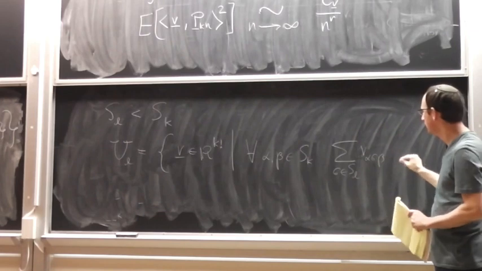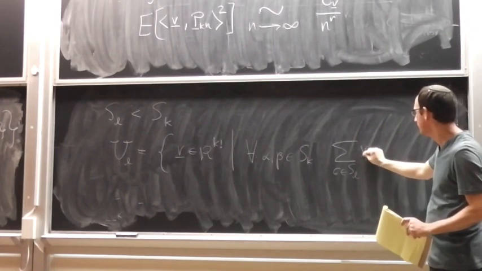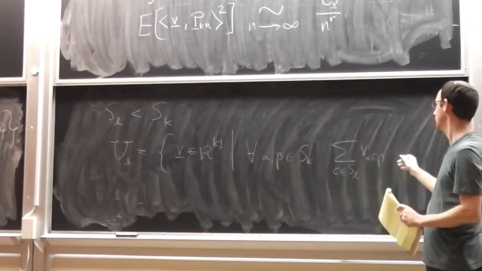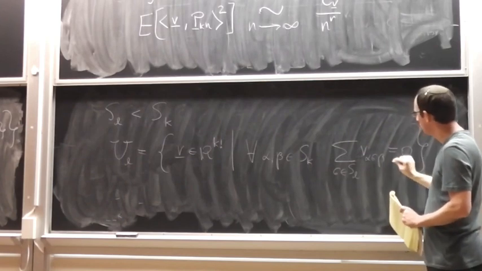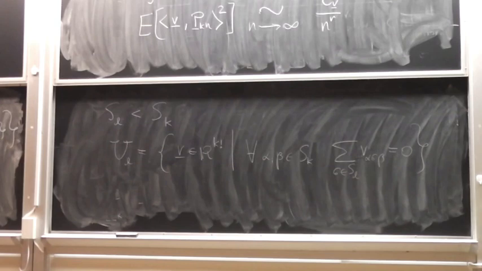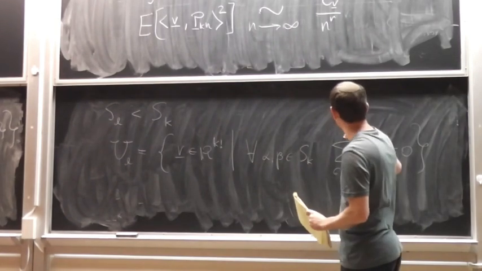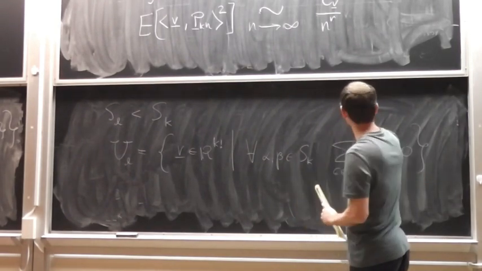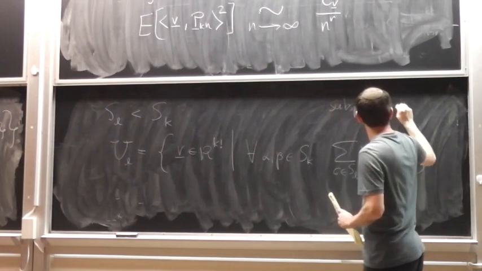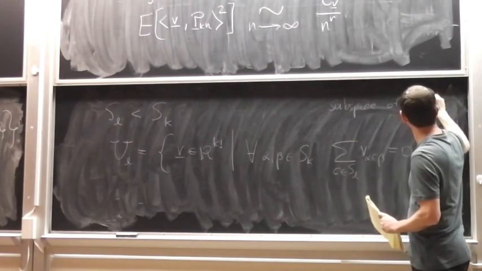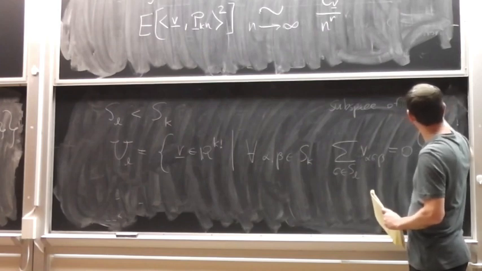So you just sum some of the entries of V, and you require them to be zero. Okay? So this is the subspace of R to the k factorial.